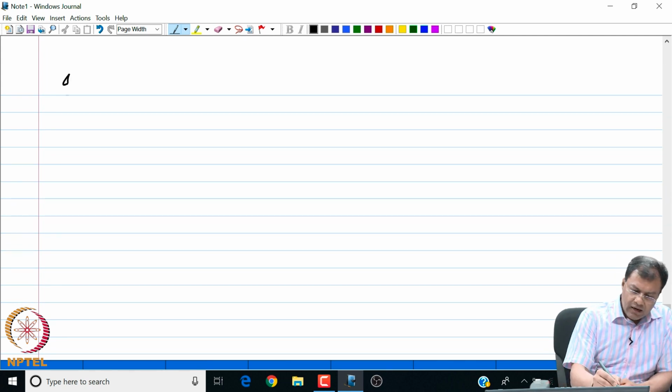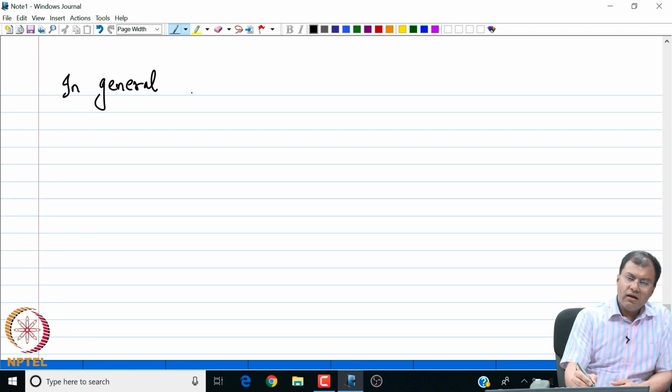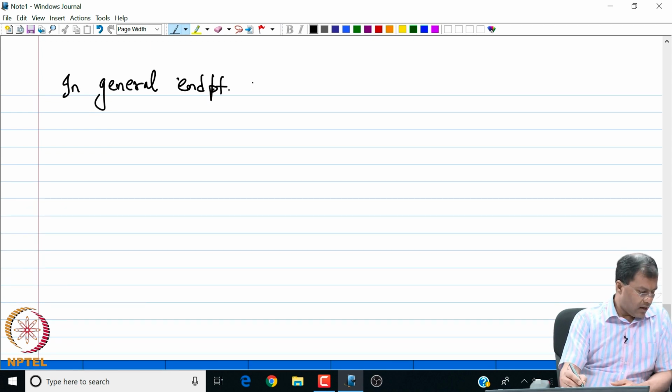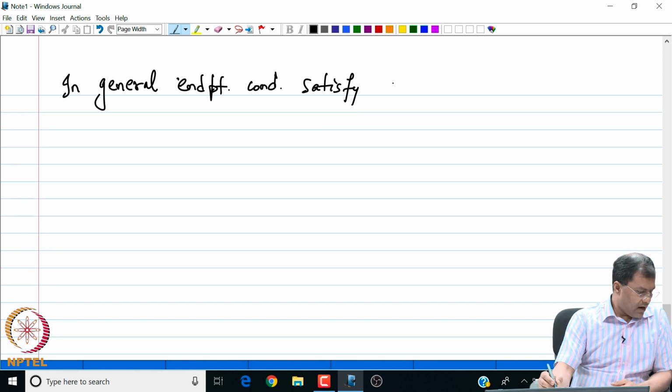So, in general, the general variable boundary point condition is going to satisfy constraints of the form which is non-holonomic.